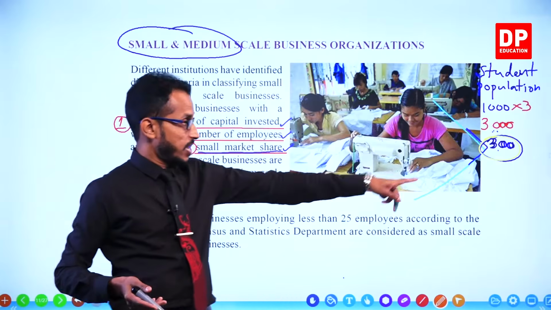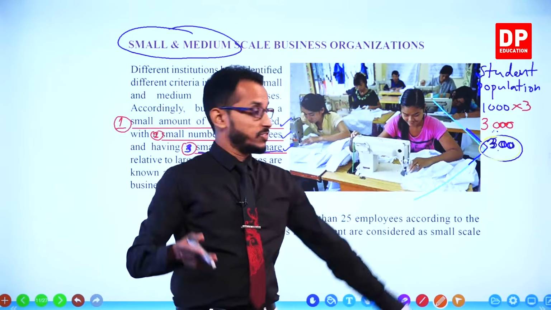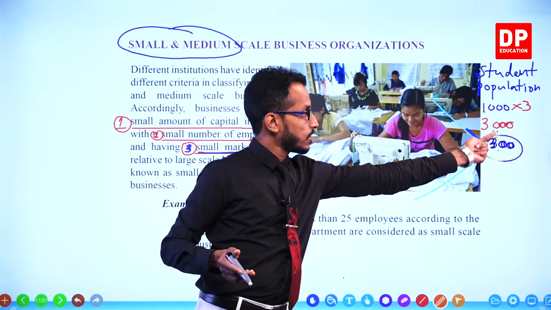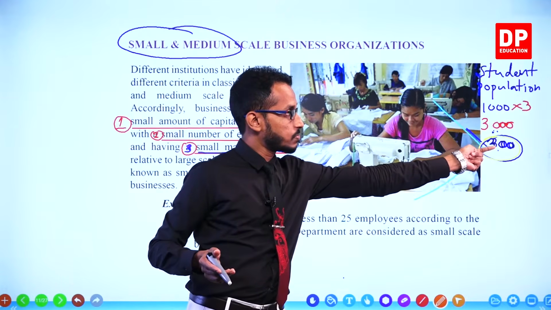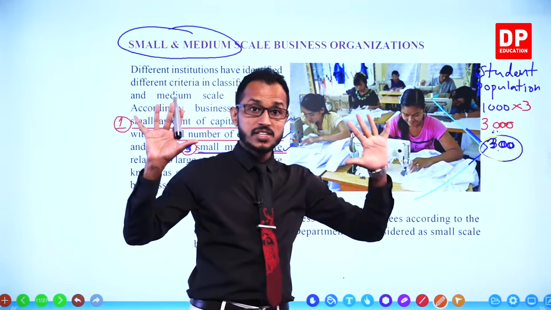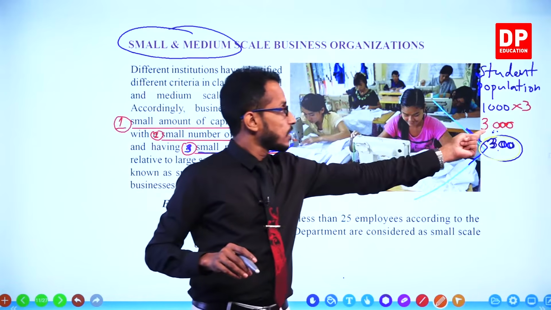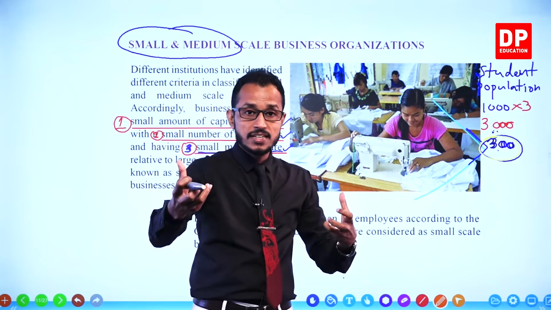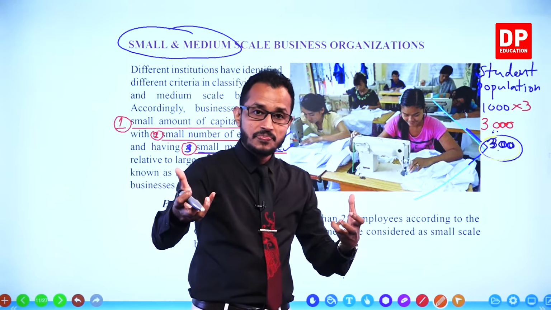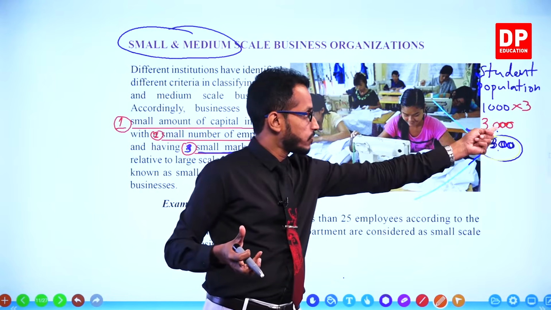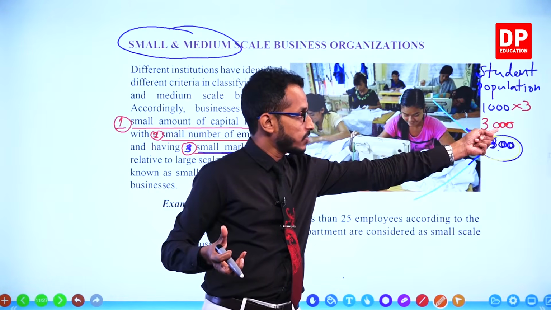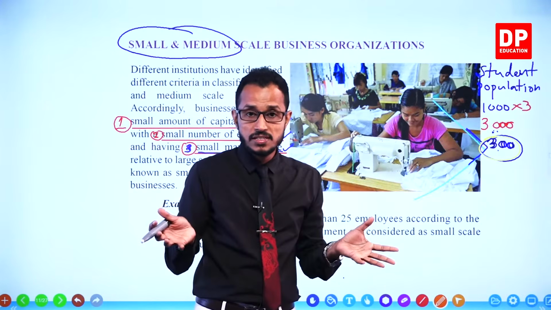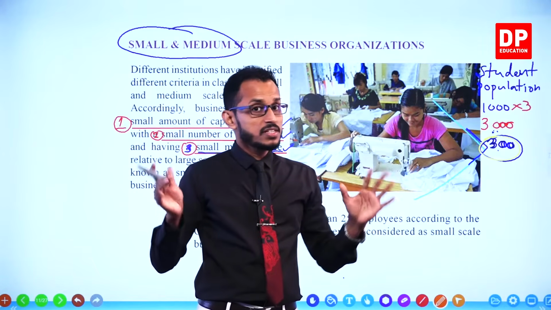If your business is providing 10% of the entire needed quantity, the full count completely, if the schools need 3,000 and you are providing 300, that is 10%. 10% is a good market share.